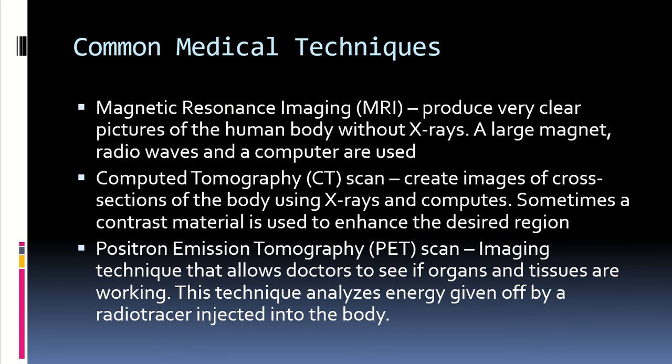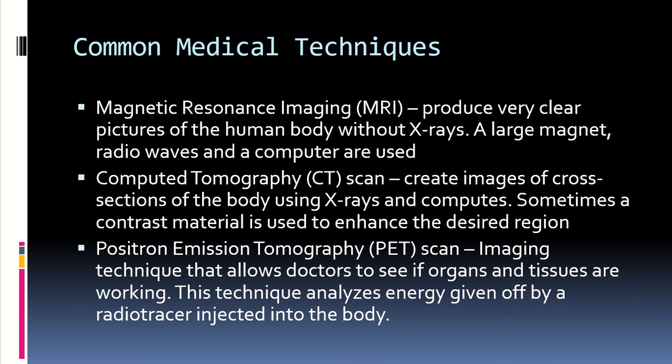Now, another technique that scans and only looks for structural information, the physical layout of, say, your brain, well, that's computed tomography, or a CT scan, a CAT scan. These effectively create images of cross sections of the body, and unlike MRI, which uses radio waves and magnetic radiation, a CT scan uses X-ray radiation.